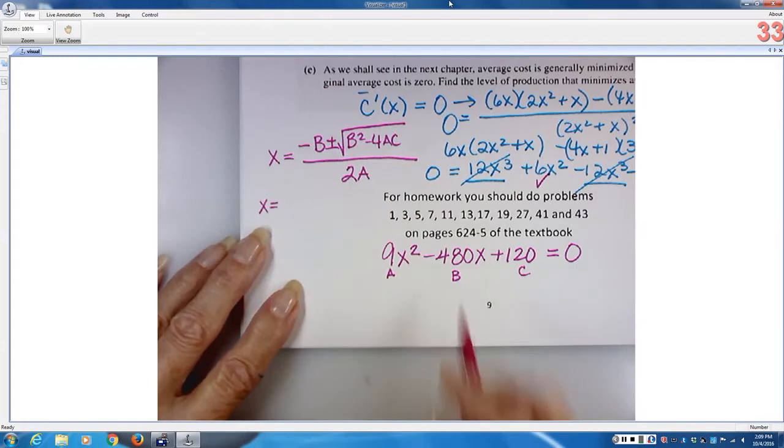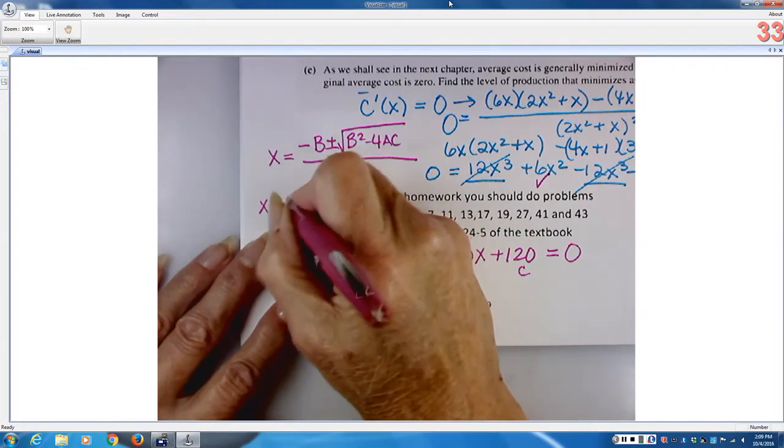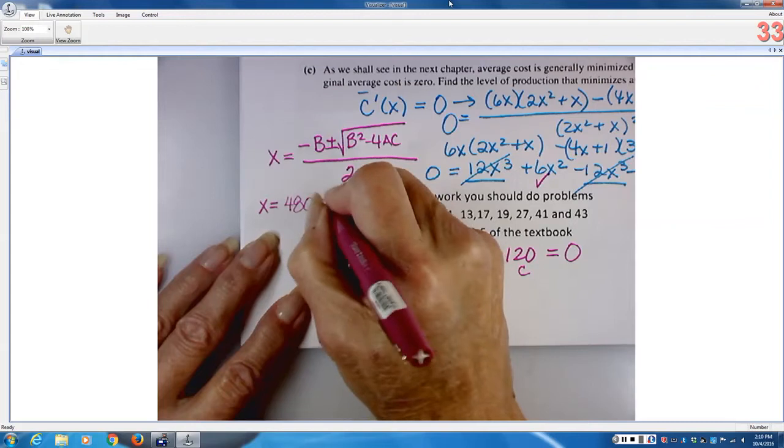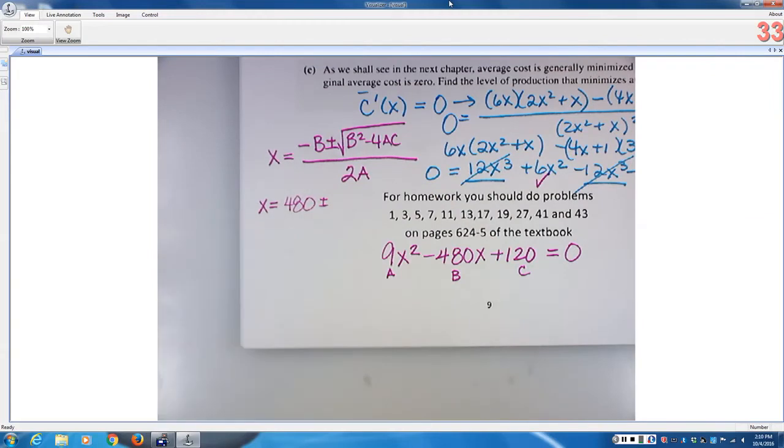So x equals, the opposite of b is 480, plus or minus the square root of 480 squared. I need a calculator.